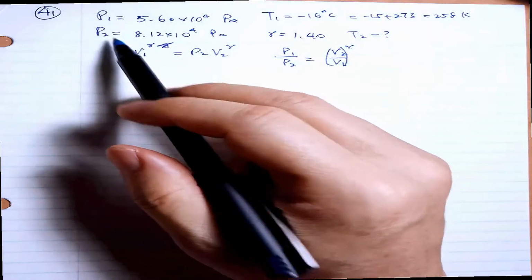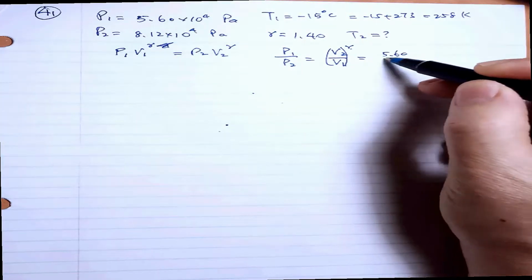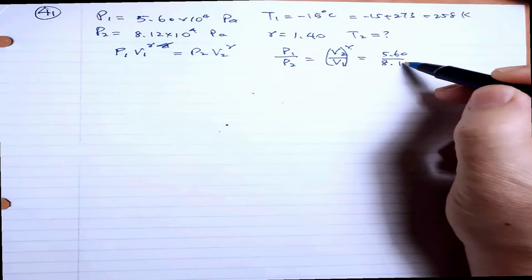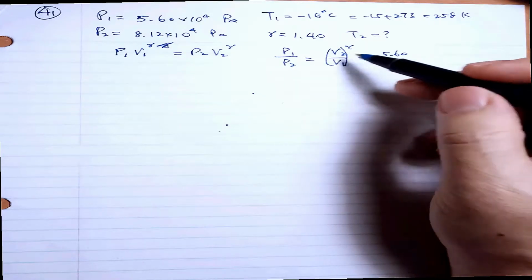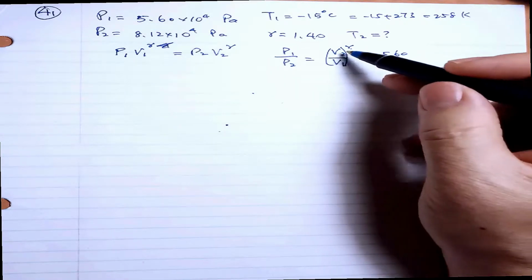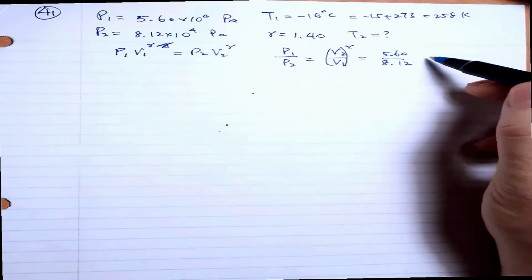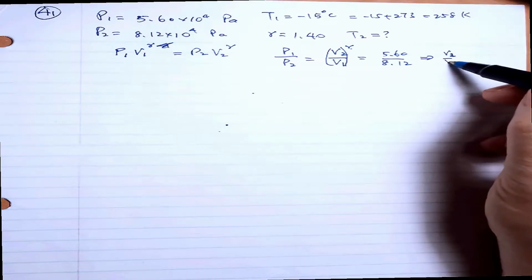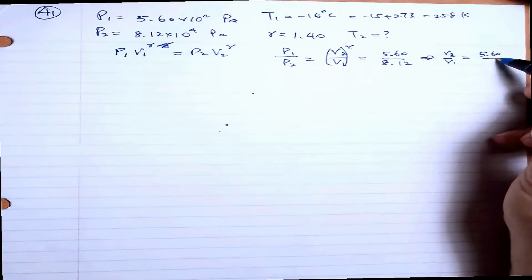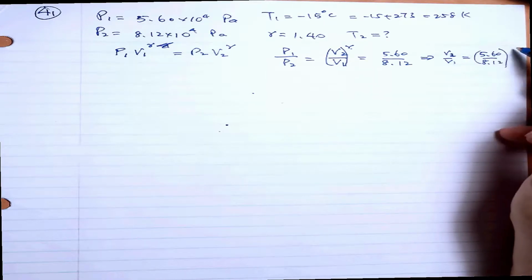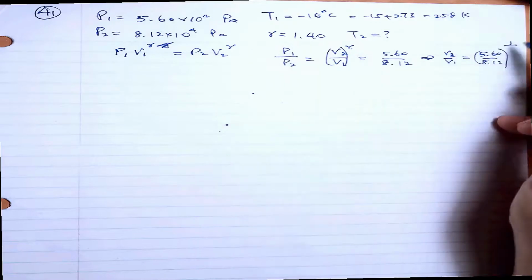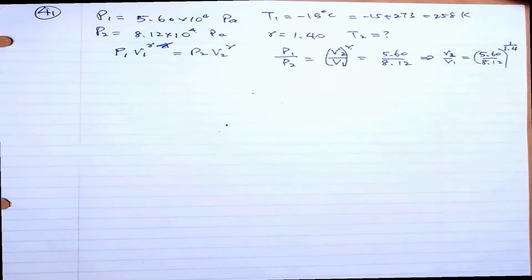So since we know P1 and P2, we can plug in 5.60 times 10 to the 4th divided by 8.12 times 10 to the 4th, 10 to the 4 cancel. So by doing this, we now know what the ratio of V2 over V1 is to the gamma. Or you can say V2 over V1 is 5.60 divided by 8.12, all raised to the power of 1 over gamma. 1 over gamma is 1 over 1.4, so you can do that.